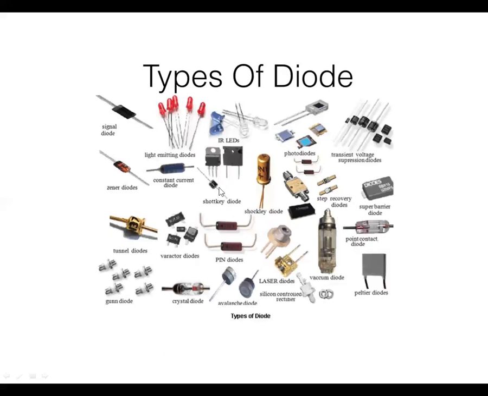Mentioned earlier, all kinds of diodes. This is light emitting diodes. There's Schottky diodes, Shockley diodes, Zener diodes, tunnel diodes, just all kinds of them, all kinds of different packages. This is the kind of diode you'll see on a circuit board.